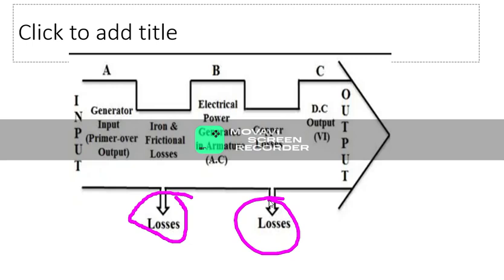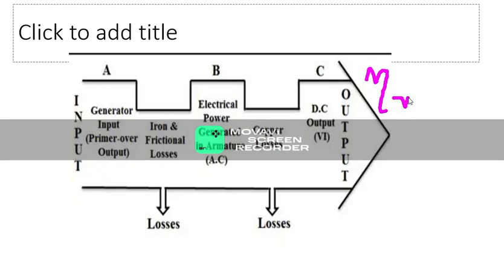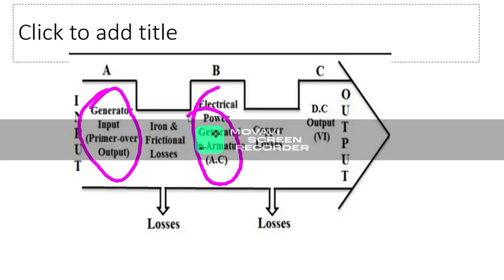From this we can write the equation for mechanical efficiency, which we call eta m. Here this is our mechanical input, and this is the electrical output generated in the armature.